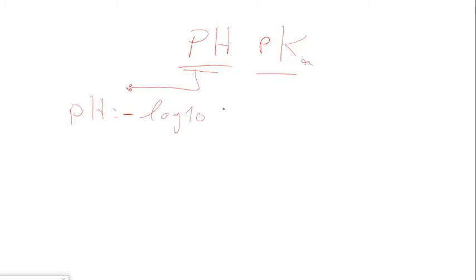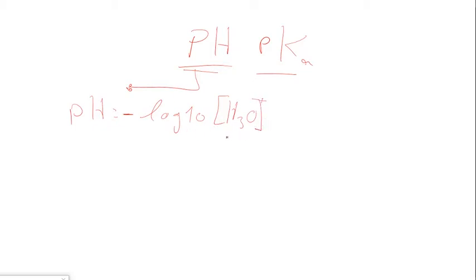Now we will be talking about the pH and the pKa. First, the pH. What is the pH? The pH is equal to the negative logarithm to the base 10 of H3O, the hydronium ion.